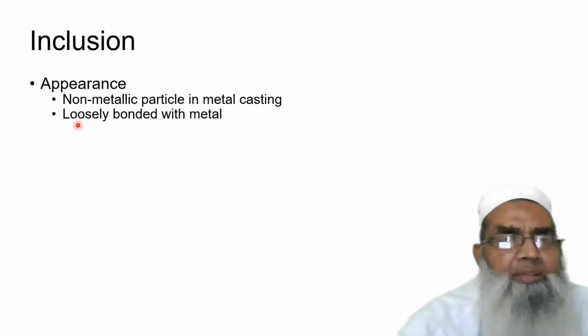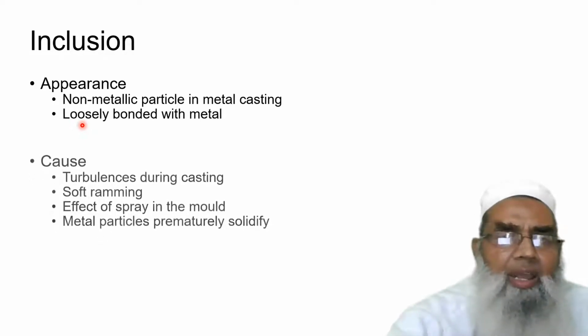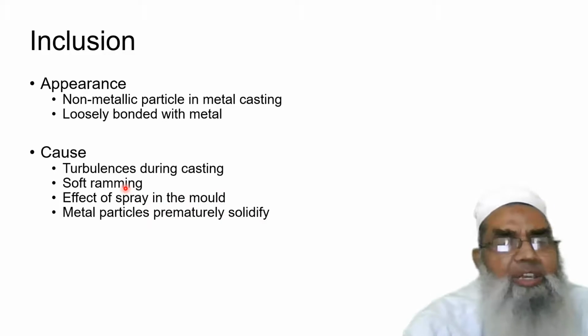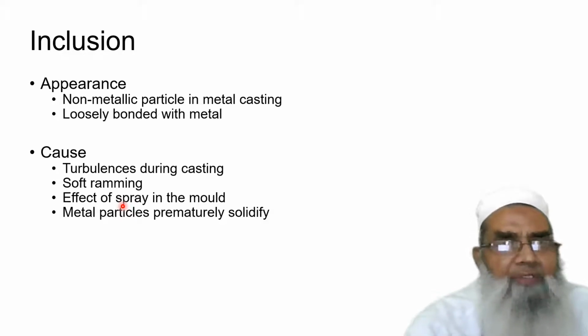It occurs when the sand is loosely bound, and therefore it may occur due to turbulence during casting, or the ramming is soft, or generally in die casting we spray on the surface of it. Now if this spray is not properly adhering to the wall, it may drop into the metal and cause the inclusion.